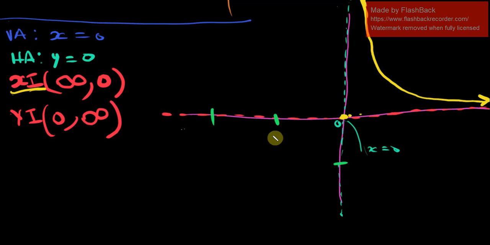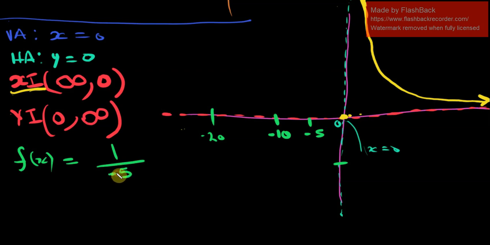Let me say minus 10, minus 5, minus 20. Okay, so let's find out what f of x is when x is minus 5.